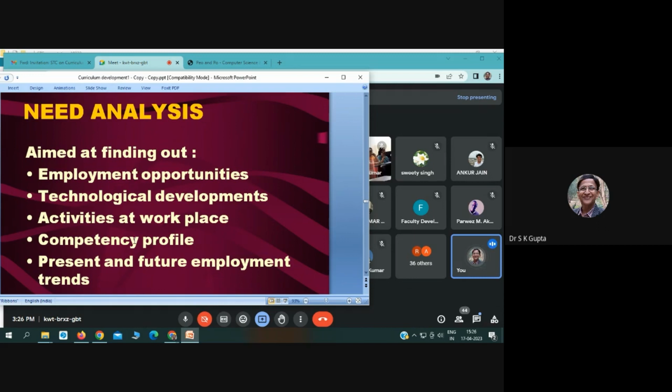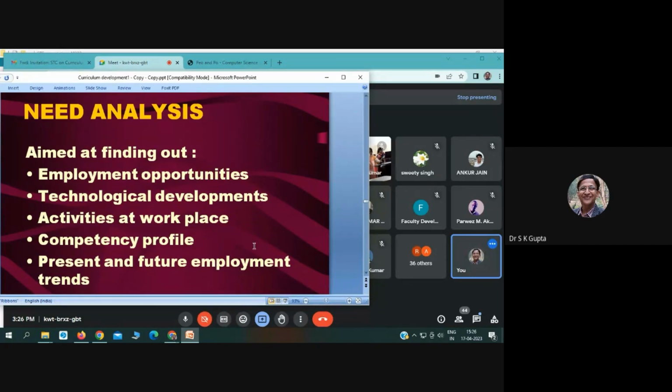So once we have discussed all these things with the stakeholders, because the only problem with the majority of our institutions is that we do not have interaction with the world of work. We do not go to the employers. We do not try to find out the requirements of the program, that is, what should be included in the curriculum so that our students are employable, and sufficient employment opportunities are available to the students as per the program.